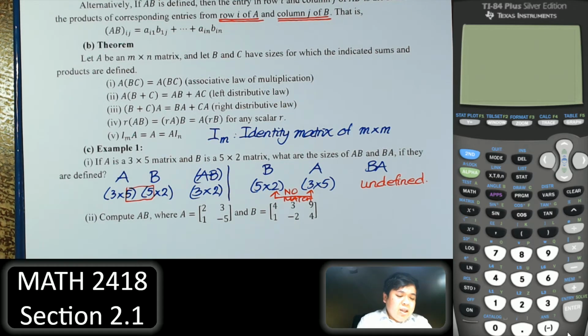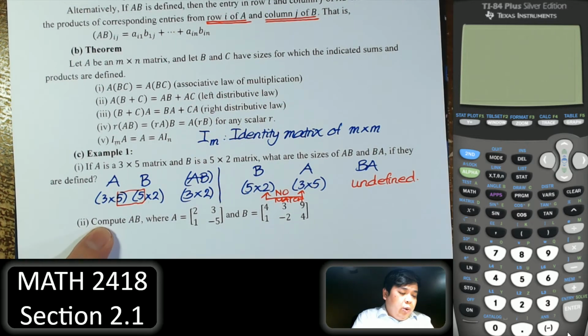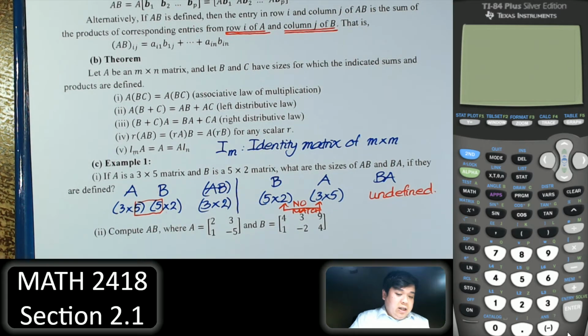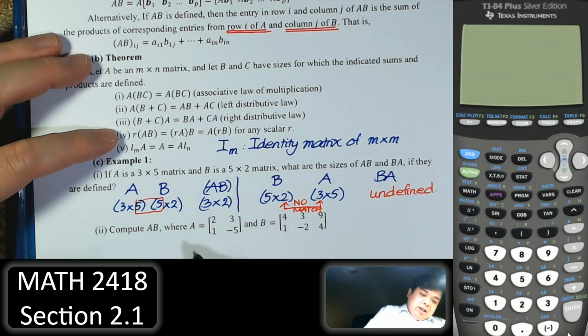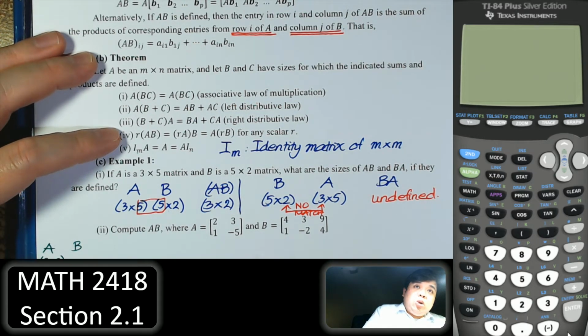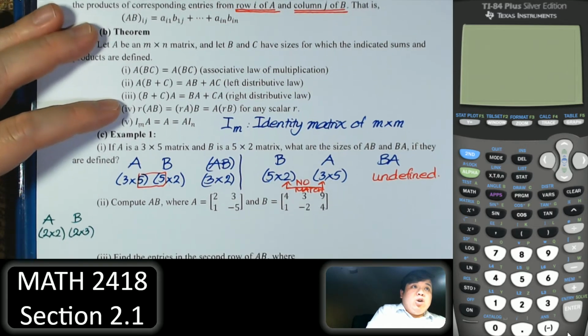So middle numbers must be the same. Here's an example. We have compute A times B, matrix A, matrix B. So let's check the dimension real quick. A is a 2 by 2, 2 rows, 2 columns. B, 2 rows, 3 columns. So the middle numbers do match.